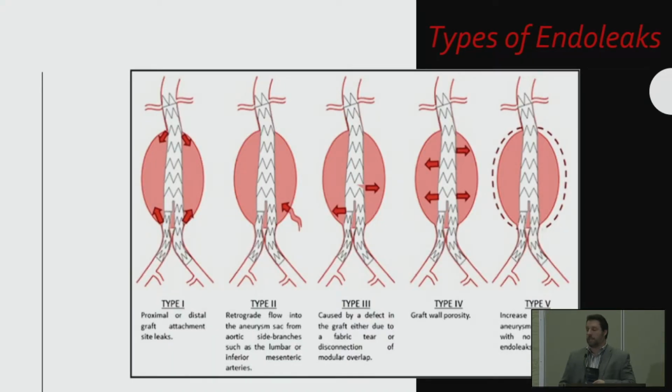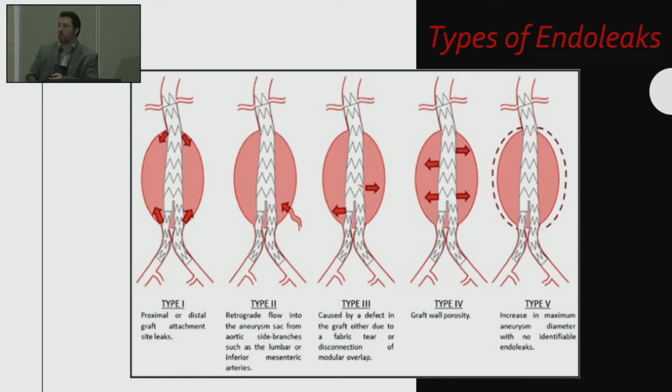So here's our different types of leak. Type 1 happens at the proximal or the distal attachment sites. Type 2 is flow that actually comes into the sac from maybe one of those lumbar arteries or inferior mesenteric.